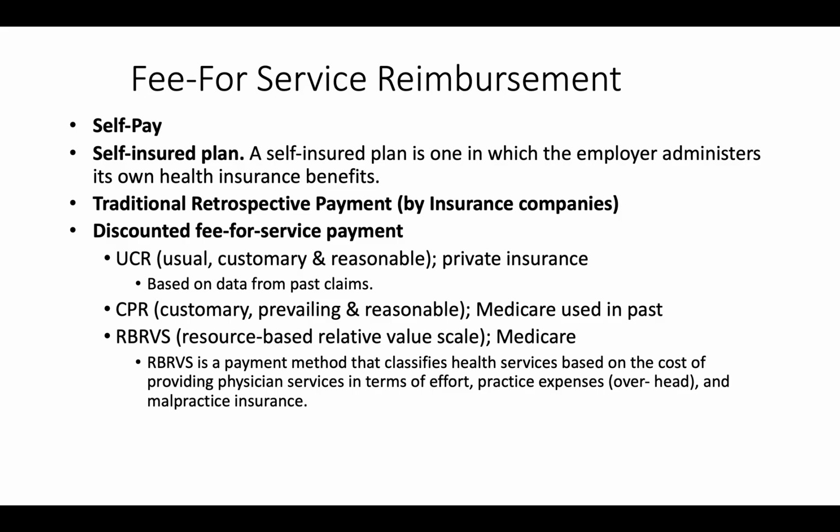I create a new department, let's say, in my company, which I call health insurance. And this department is responsible for coverage of health insurance. So this is the self-insured plan. In one way it is similar to self-pay for a person. If I am an individual and I don't have an insurance plan, I go and pay. So self-insured plans are companies who pay for their employees.